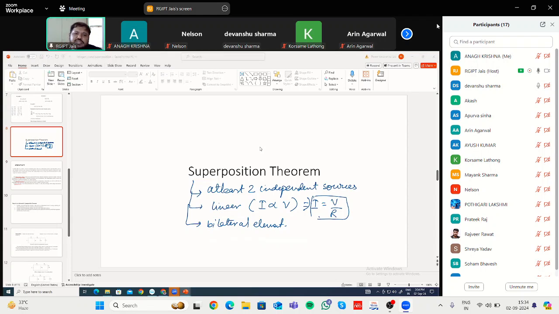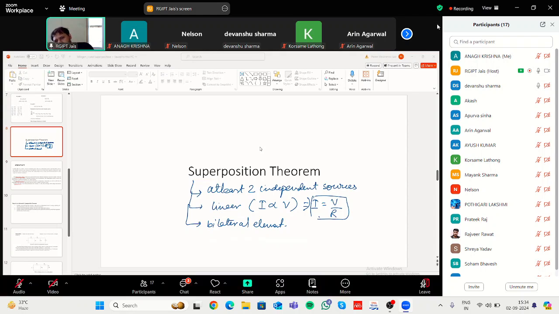What is a bilateral element? Quickly write in the chat.